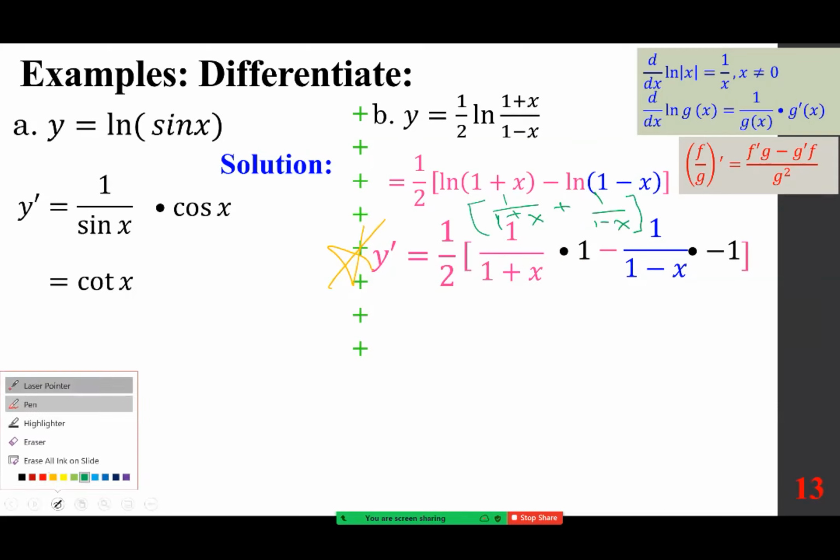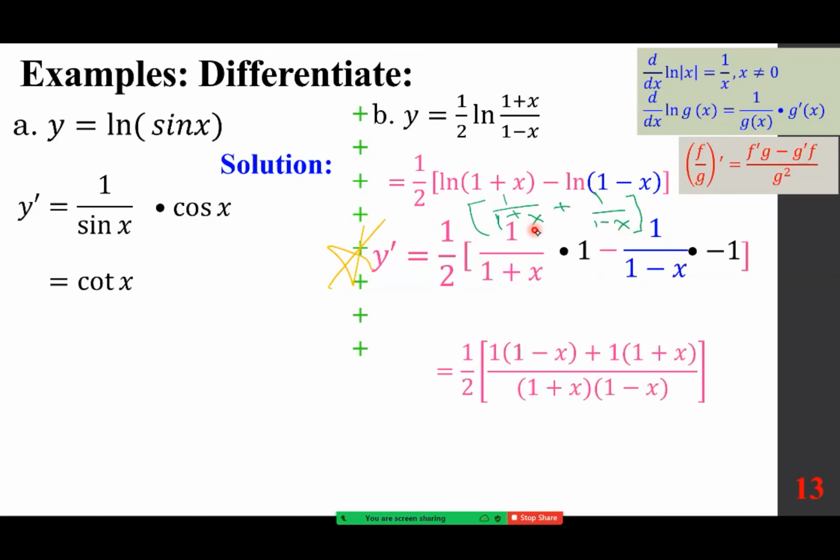Therefore, with the LCD, 1 times 1 minus x plus 1 times 1 plus x goes to the numerator. Negative and negative is positive, 1 times 1 plus x.